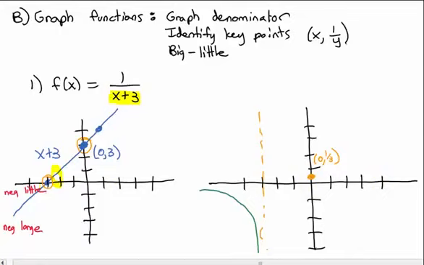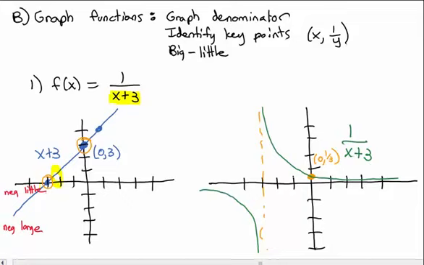So the big little principle says we start big, come down through our point, and get little. And this is going to now be the graph of our reciprocal function, 1 over x plus 3. Big becomes little, little becomes big.